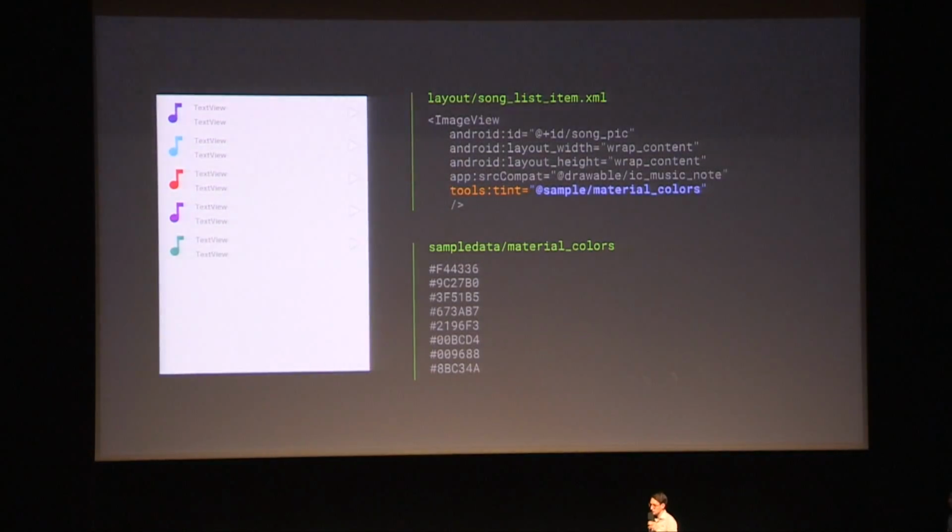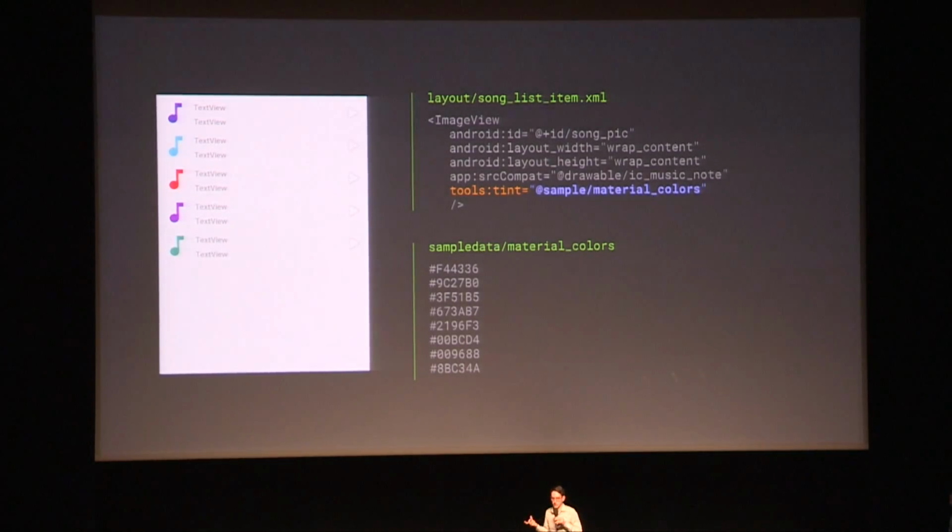How we do that is that inside the item layout, we're going to change the color or tint of the musical note by using the tools tint attribute. But instead of giving it an actual value, which would mean that all of the musical notes would have that new value, we're going to use the sample data, and it's used in the same way that you use every other resource.